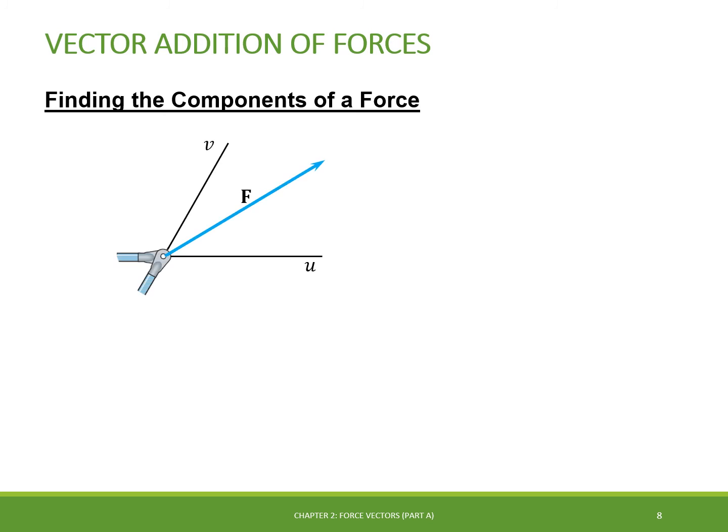Let's consider the example in which a force F is to be resolved into two components along two members defined by the axes U and V. In order to determine the magnitude of each component, a parallelogram needs to be constructed first by drawing a line starting from the tip of vector F parallel to axis U and intersecting axis V, and another line from the tip of vector F parallel to axis V intersecting axis U.